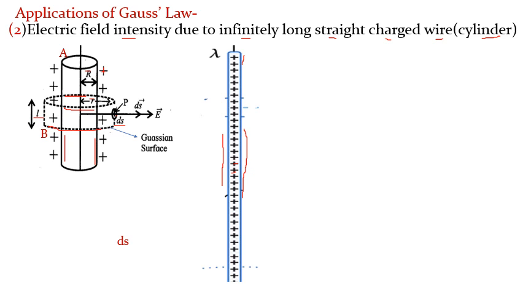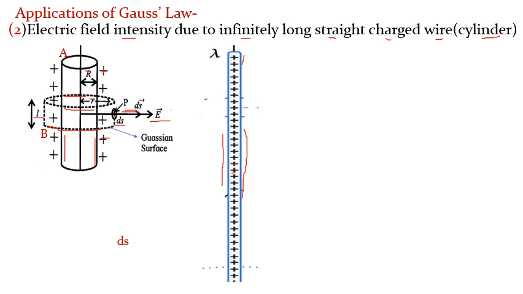Now here, since these charges are positive, the direction of electric intensity is away from the charge. This is normal to the area. So the direction of the normal and the direction of electric intensity are both the same. That's why theta is 0.